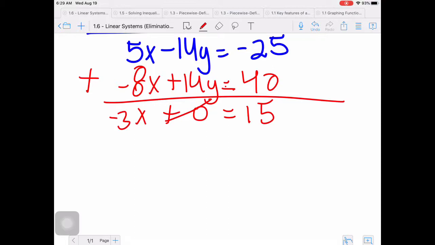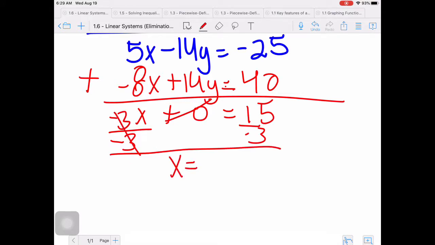Alright. So now I only have one variable. I can go ahead and solve for x. I divide by -3, -3. That goes to 1, so x equals -5. Cool. So now I know the value of x.